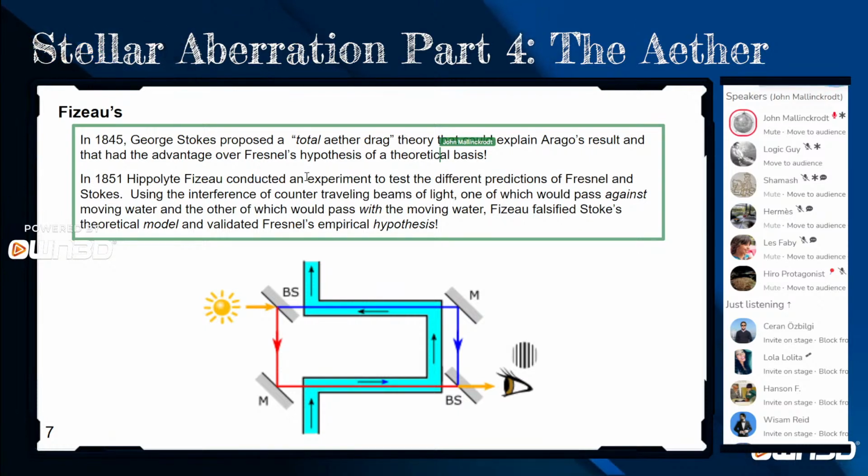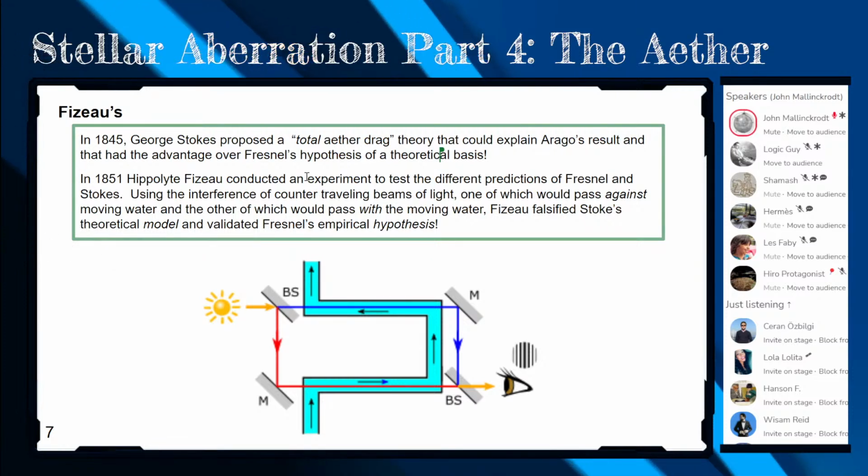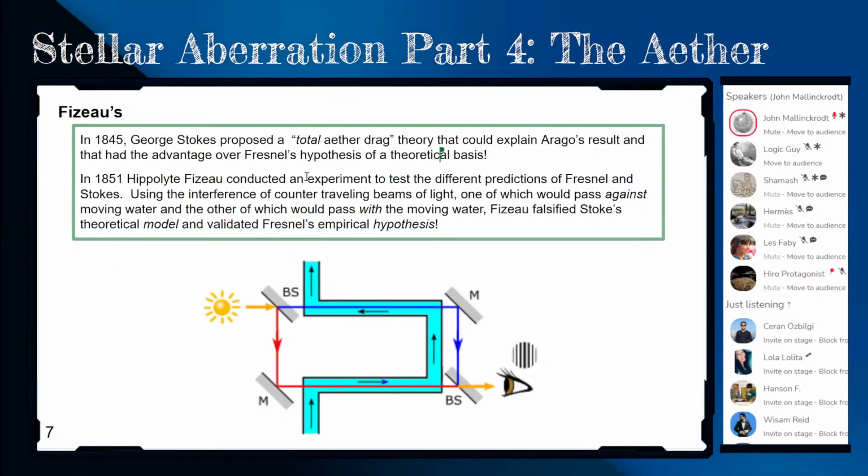At any rate, so the light comes through the beam splitter, passes against the water, and then reflects off of a mirror down to another beam splitter. We'll get back to that in a moment.